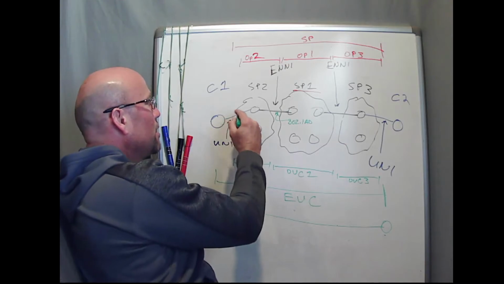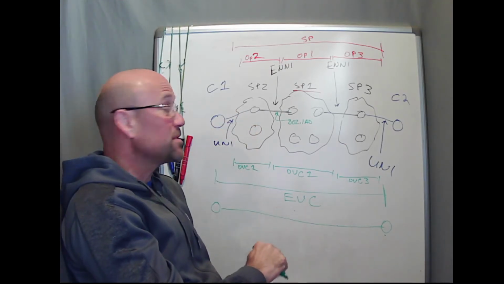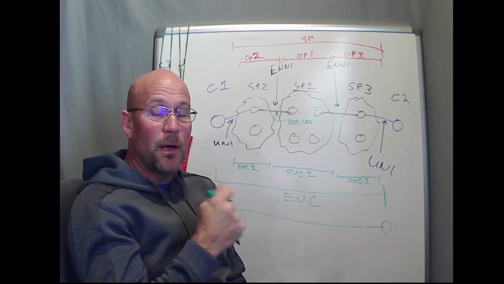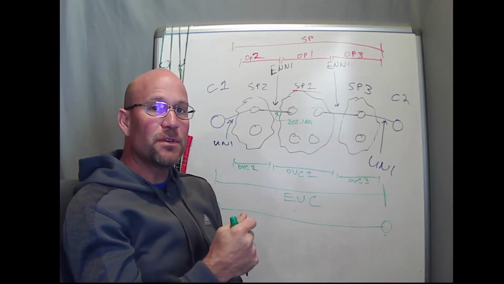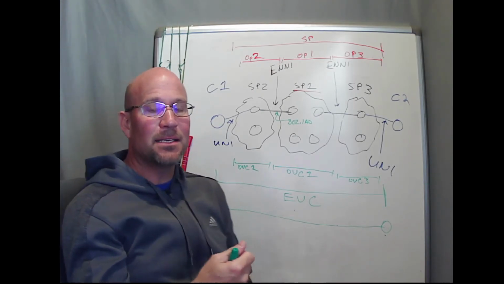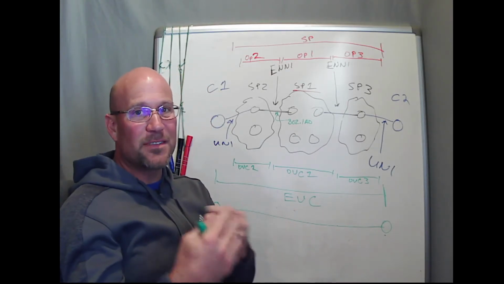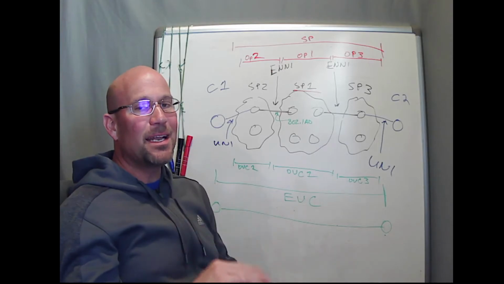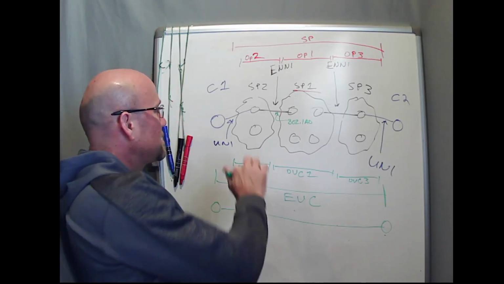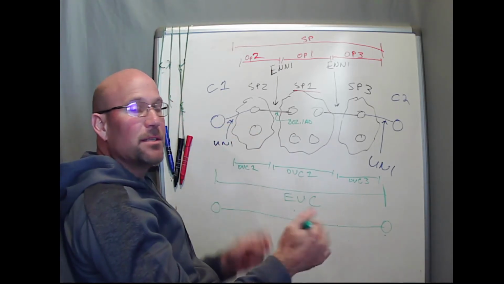At the UNI, you could take in untagged Ethernet frames on a port-based MEF service, or you can take in VLAN tags as a VLAN-based service. There's things called bundling, there's things called service multiplexing. We can get into details on that later. But at the UNI, it can be tagged or untagged.